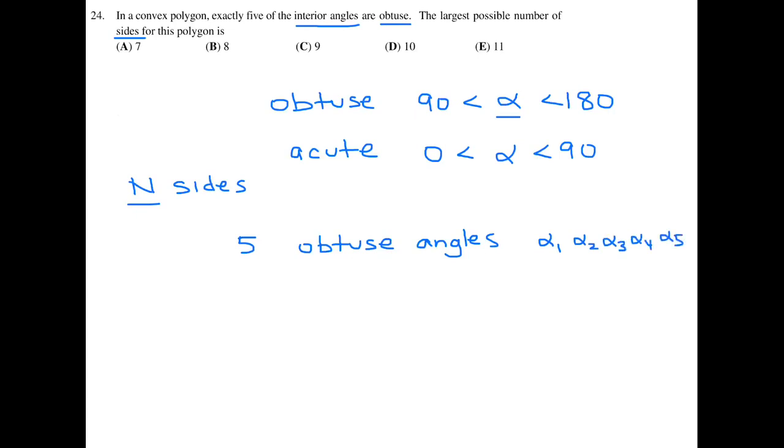Okay? Therefore, all the remaining angles are acute. So of the n, 5 are obtuse, so n minus 5, the remaining, are acute. So I'll call that A1, A2, A3, all the way up to, we don't know what n is, so it just keeps on going. A certain amount of angles.